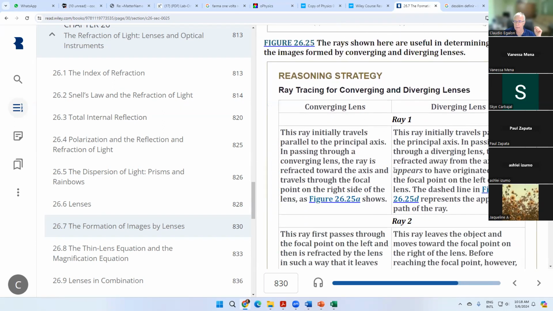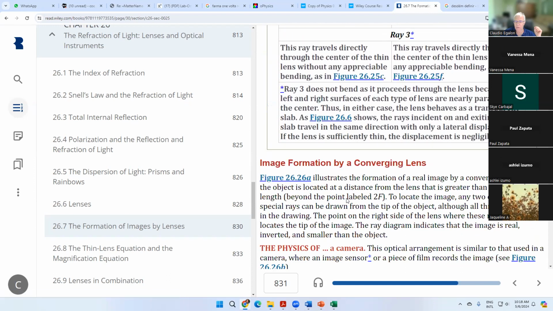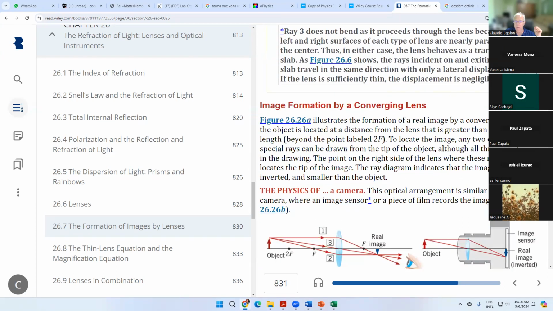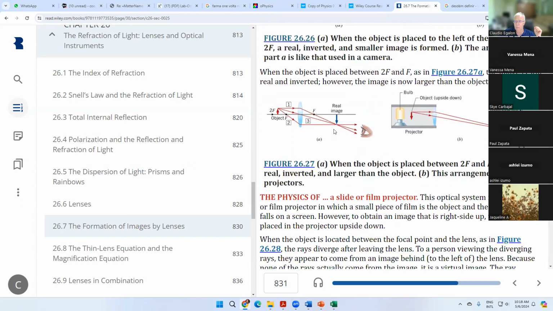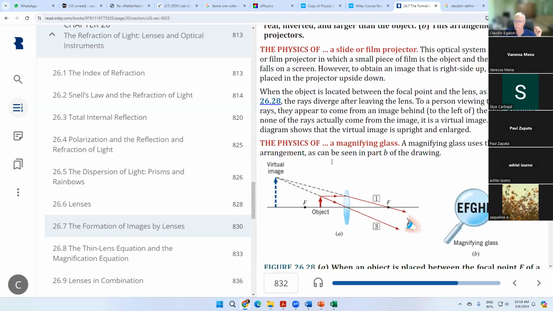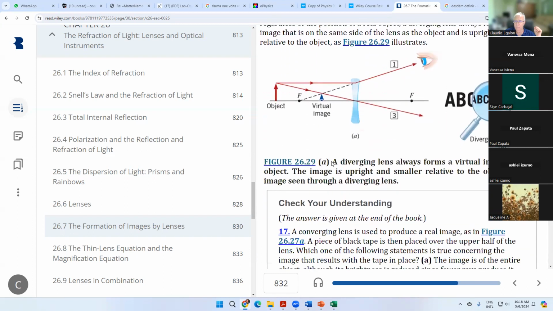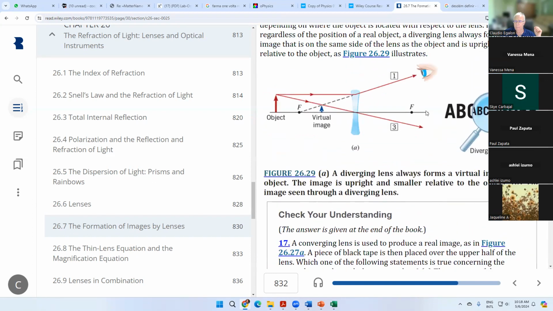Converging lens, diverging lens, image formation by converging lens. Here you go, real image. For a diverging lens the magnification is less than 1, right?